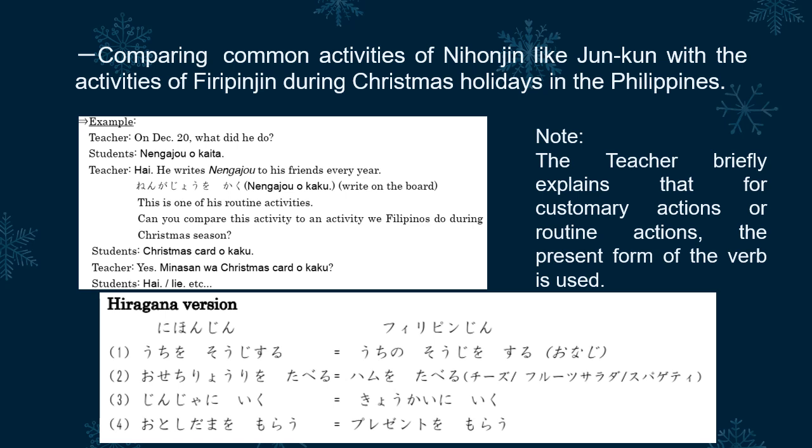So you're going to do the same process for the other Nihongo expressions. We have here the Hiragana version, but if the students want to use the Romaji version, that's okay.